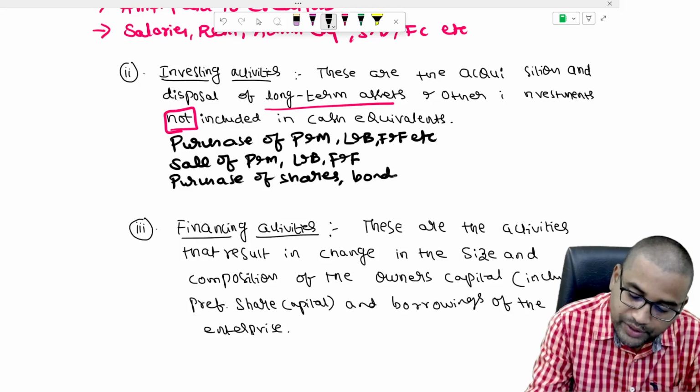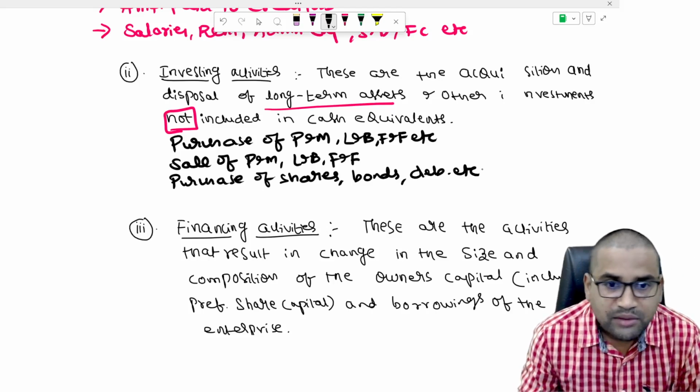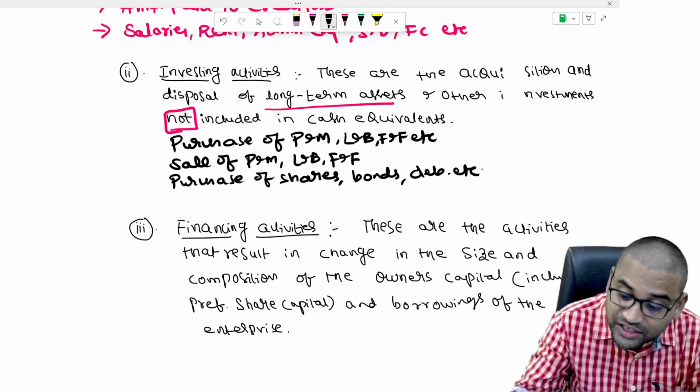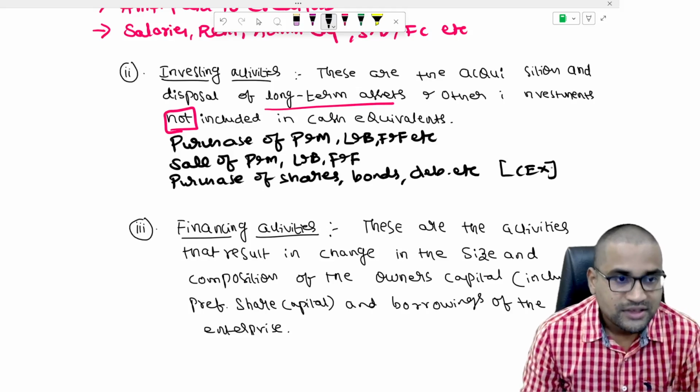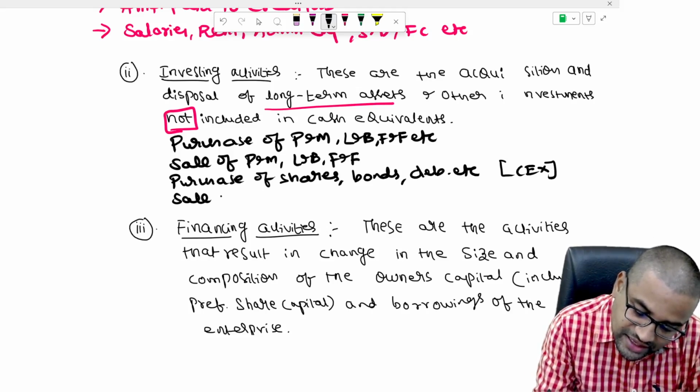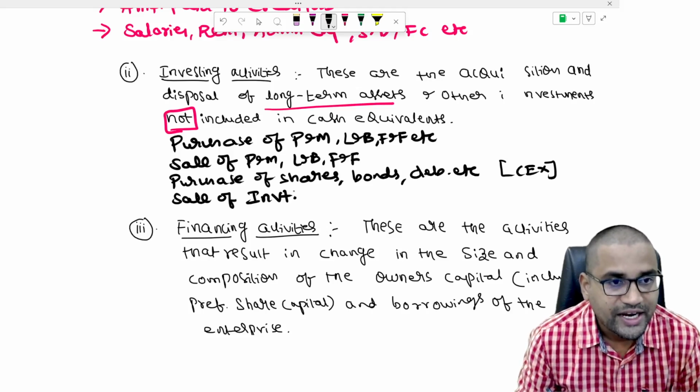Bonds, purchase of debentures, etc. All kinds of purchases of investments, if it does not fit into cash equivalent, consider here. Similarly, sale. When I sell the investment, sale of investments will also come under investing activity.